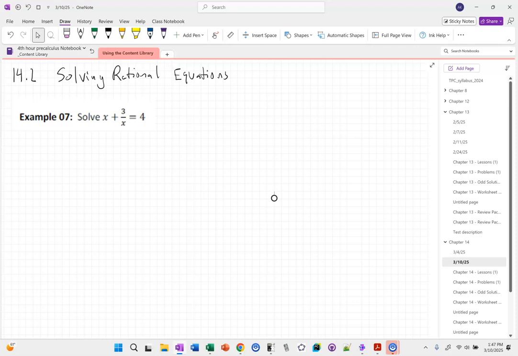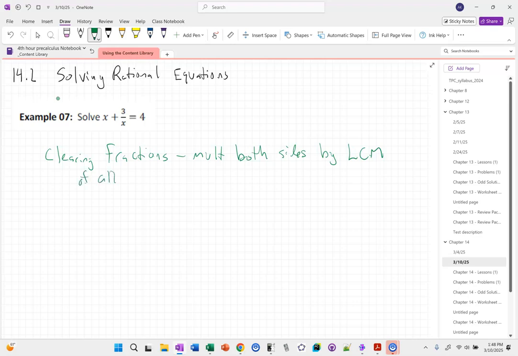Everybody cool? You're excited. It's a big smile. All right. So the technique we're going to be using is called clearing fractions. And the idea is we want to multiply both sides of our equation by the least common multiple of all the denominators.